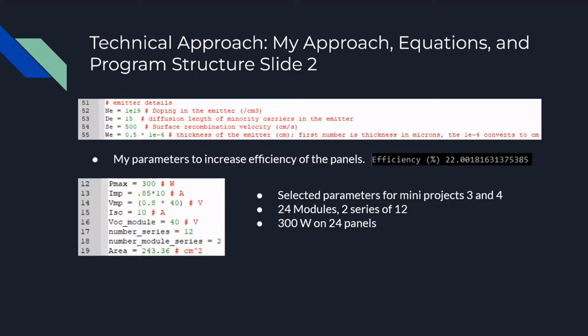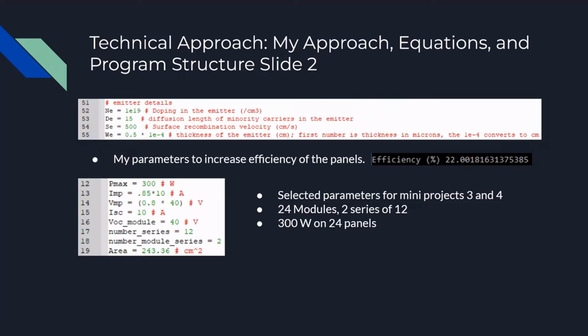Here are some of the parameters I chose to use in the shell codes. I decided to go with a doping of 1 times 10 to the 19 per centimeter cubed and a thickness of 0.5 times 10 to the -4 centimeters, because that gave me the highest efficiency if I was to develop the modules myself.